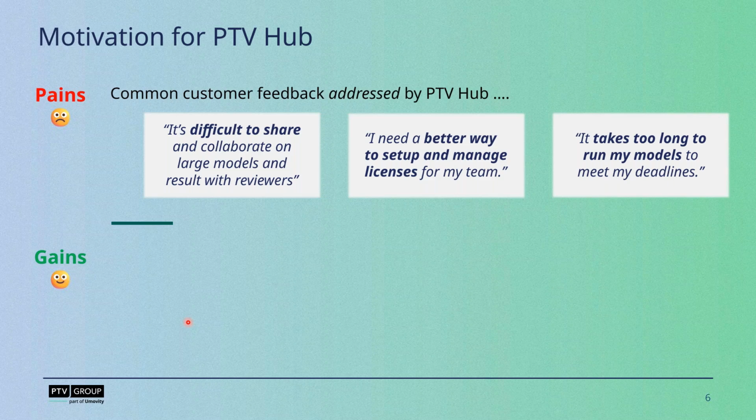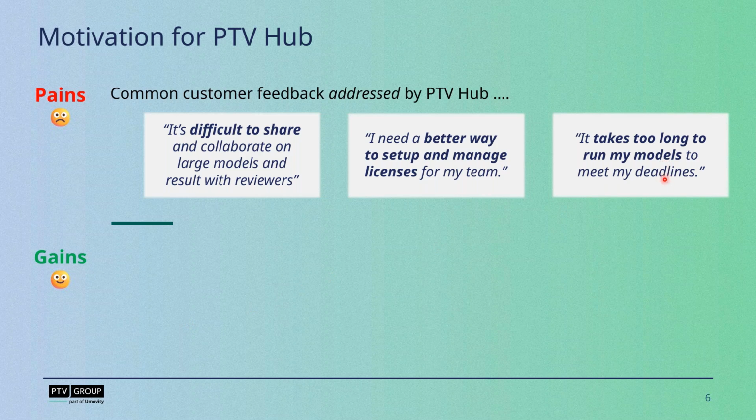The other thing we heard was we need a better way to set up and manage licenses. So if you've been around with PTV for a while, there's many ways you can get a license from us. But PTV Hub provides a more consolidated way and a more intuitive way to manage licenses for your team. And hopefully you'll see that today.